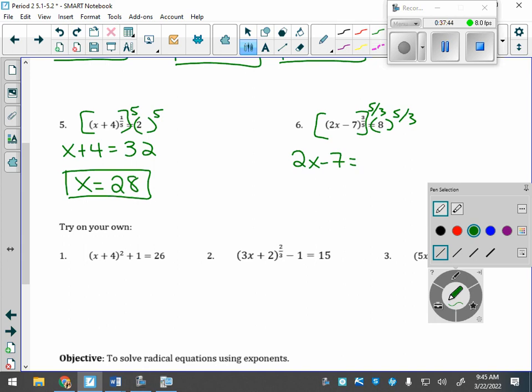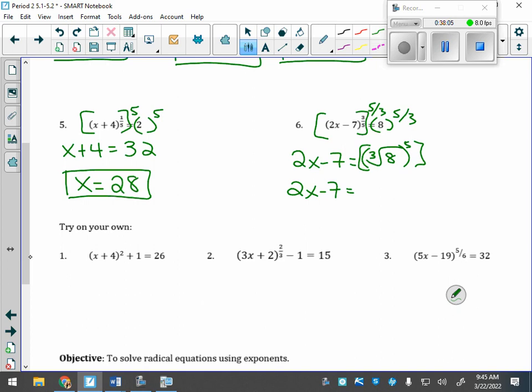Now 8 to the 5/3 means what in terms of radical notation? Good. Okay, so 5/3 means the cube root of 8 to the 5th. What is the cube root of 8? 2.